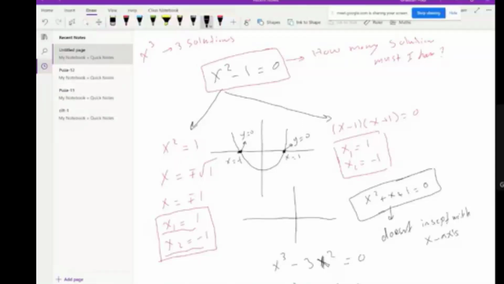It will be like this. This is the x-axis. It doesn't touch or intercept the x-axis, or maybe like this. This has no solution.